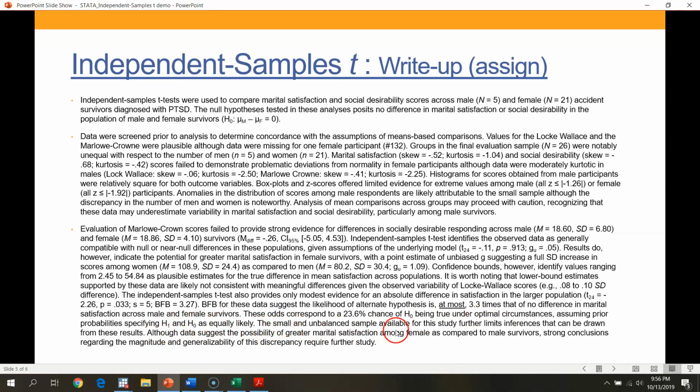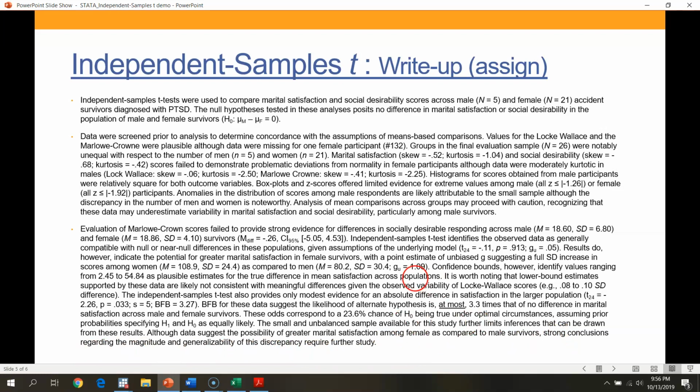Okay. We also have a small and unbalanced sample. That complicates things. So what I would do is conclude that although the data suggests possibility of greater marital satisfaction among females compared to male survivors, strong conclusions regarding magnitude and generalizability require additional study.